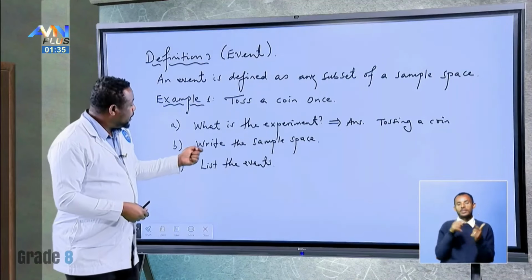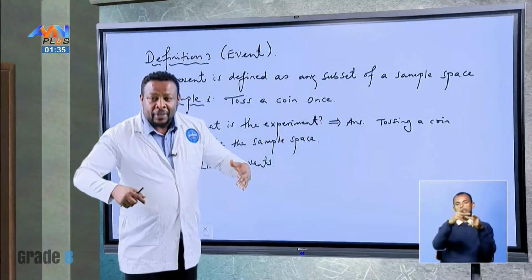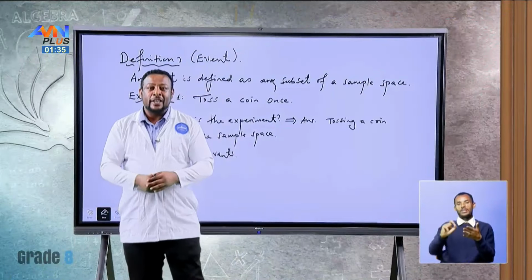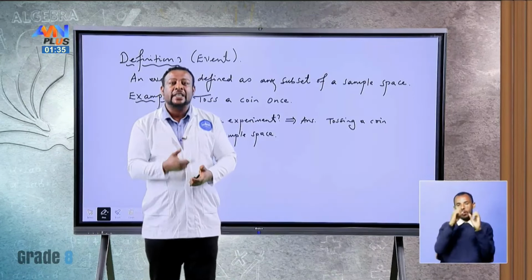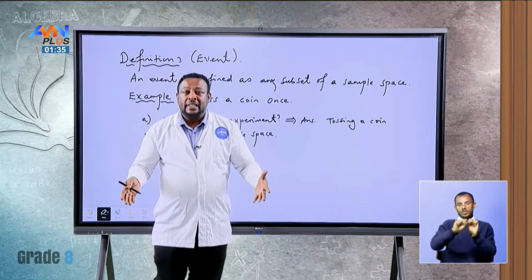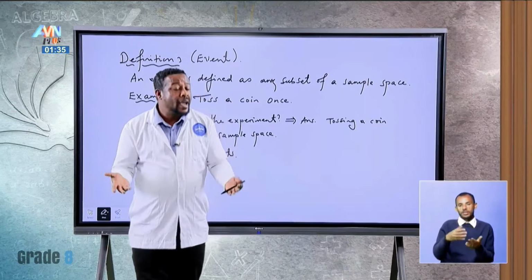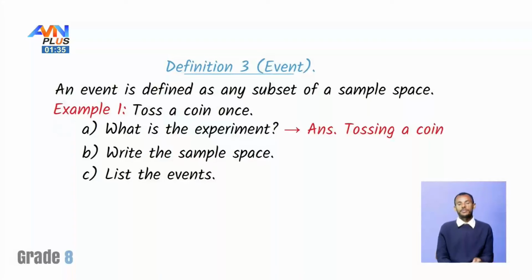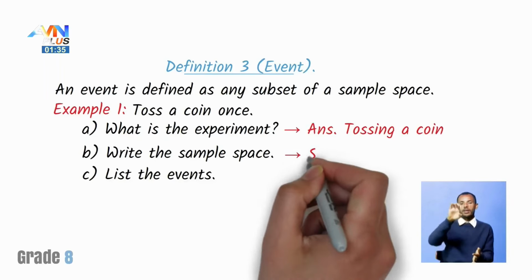The second one, here you are asked to write the sample space. If you are asked to write the sample space, you need to consider all the possible outcomes in the activity of tossing a coin. So definitely the outcome will be head or tail. So the sample space will be a set containing head and tail.